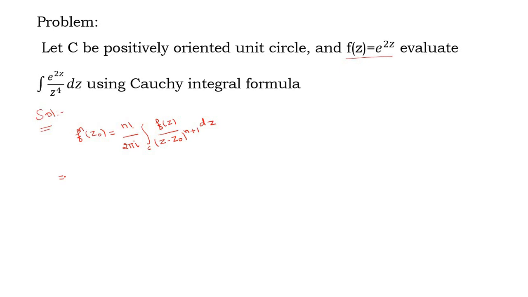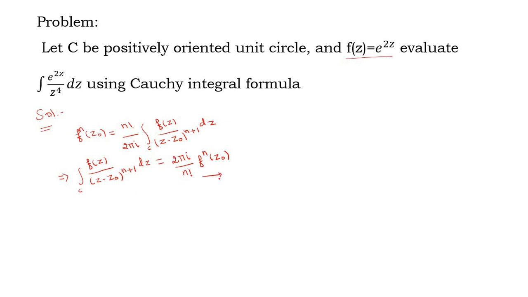Which implies integral over C f of z divided by (z minus z naught) whole power n plus 1 into dz equals 2 pi i divided by n factorial into f power n of z naught.